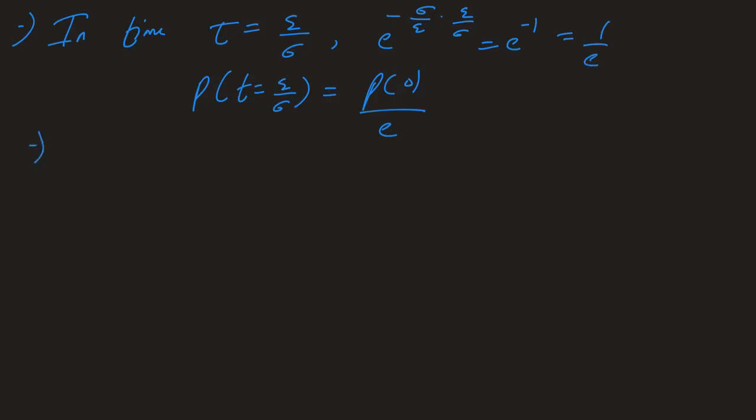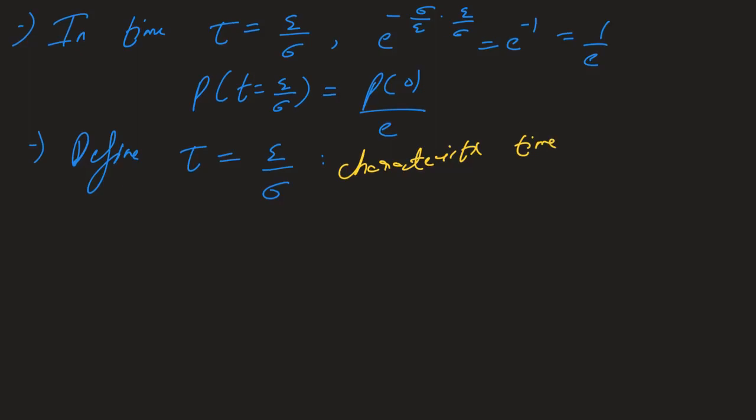So we define tau to be equal to epsilon over sigma, and this time for every particular material is called the characteristic time. It's a material dependent property because it depends on the conductivity and the permittivity of the material.